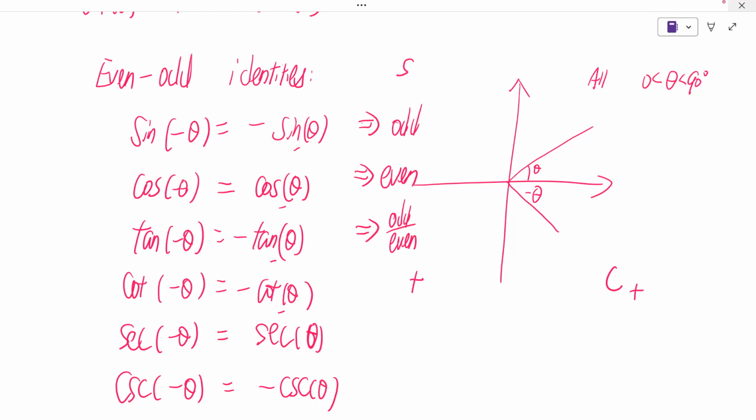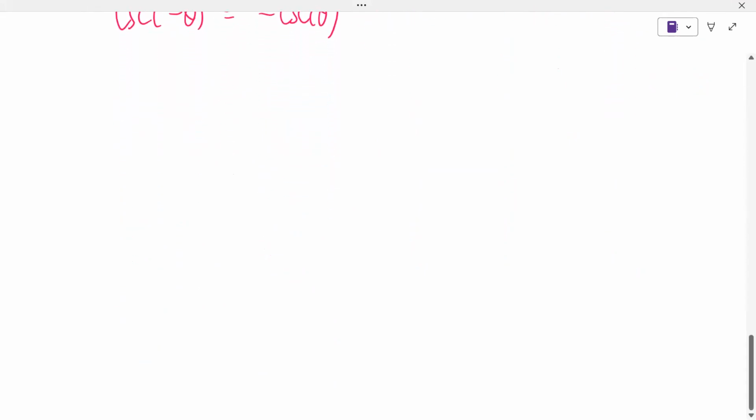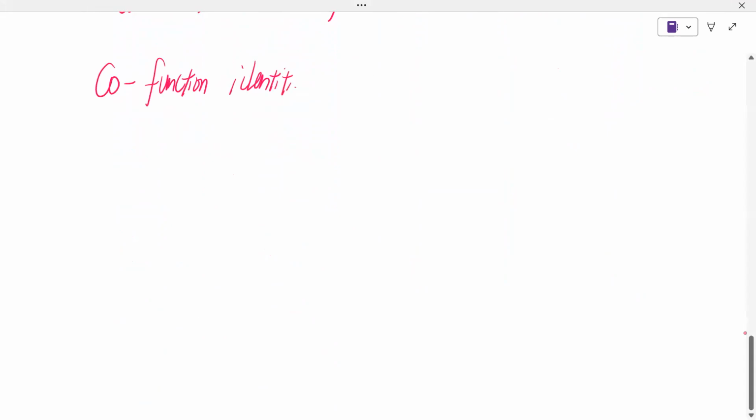I think I mentioned something last class. The last is called cofunction identities. We did something like sine 30 equal to cosine 60, right? That's exactly the cofunction. For example, like cosine of pi over 2 minus theta. Basically, they are the complementary angles.